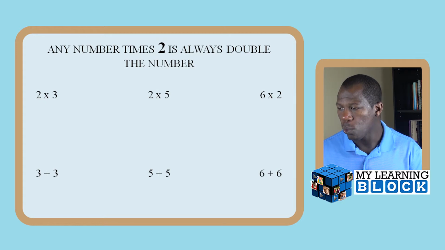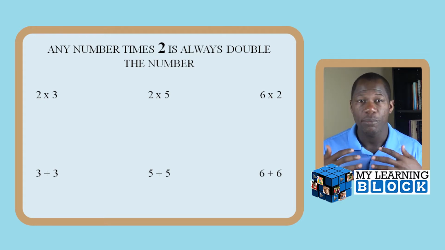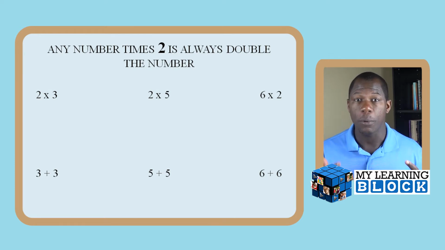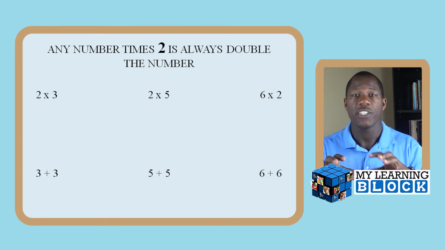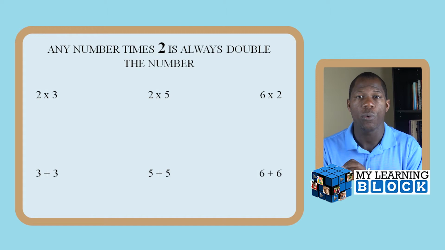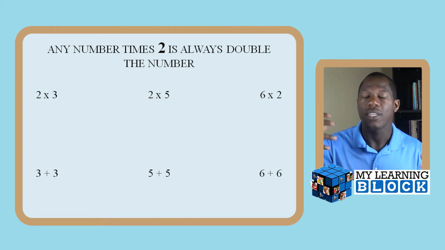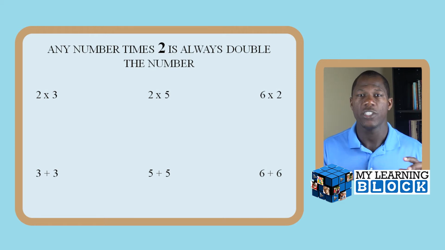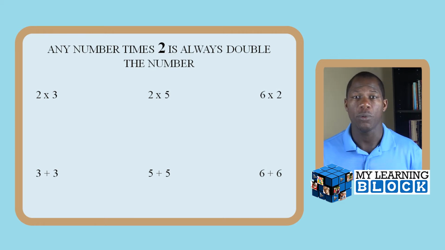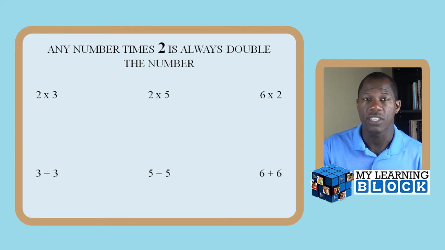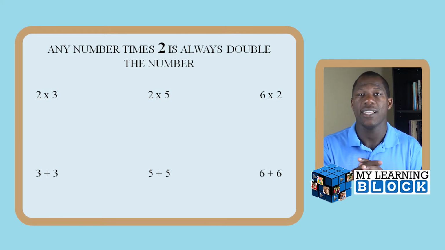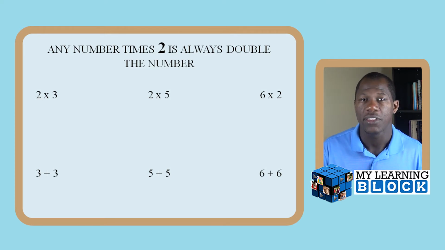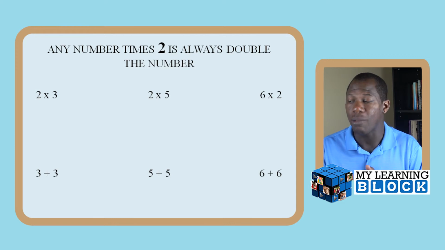Now, as I said earlier, any number times 2 is always double the number. So make sure your child understands that when the word double is used, it means to multiply by 2. A lot of the time you'll hear teachers saying double this, double that. What is double of something? Your child needs to understand that when they're asked that question, they're really being asked, what is that times 2?